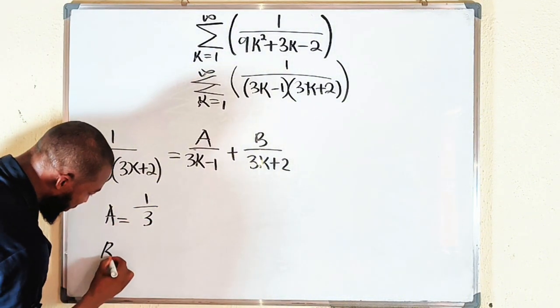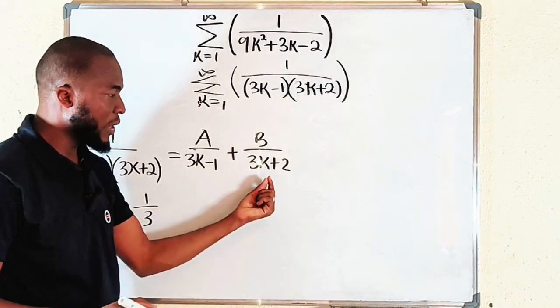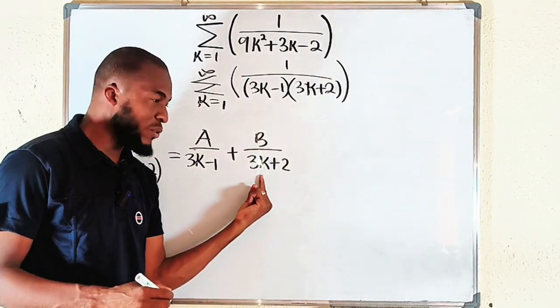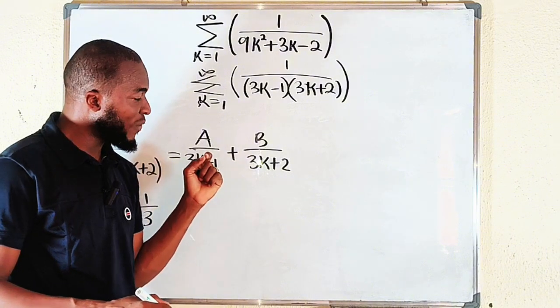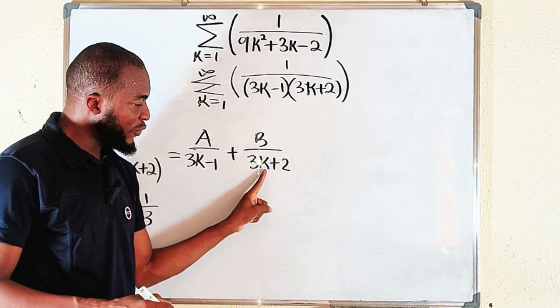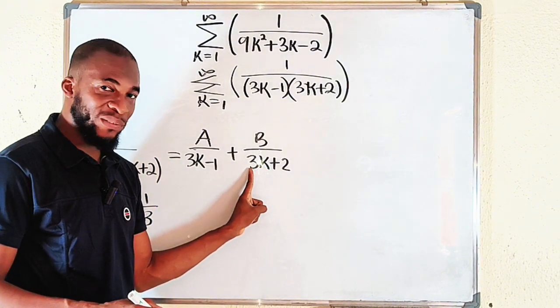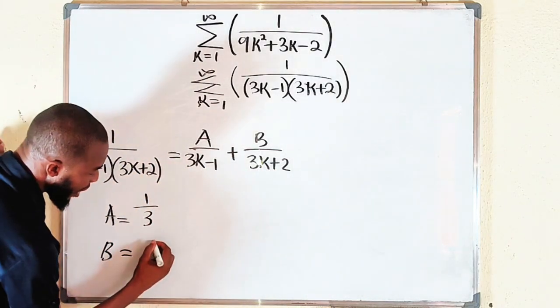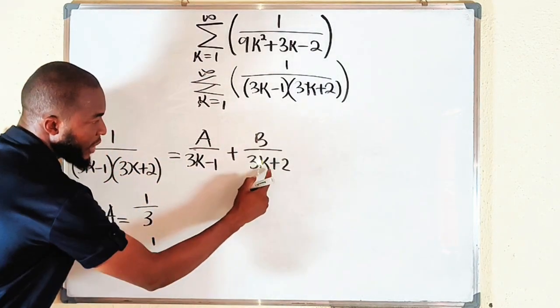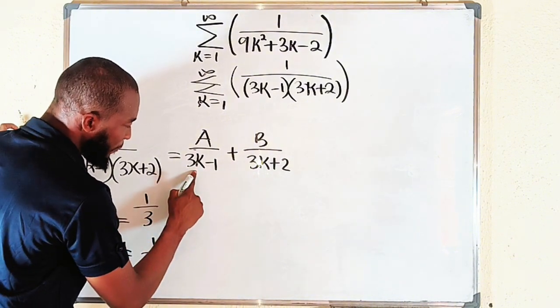Now the value of B, come down here. What value of k do you think can make the whole of this 0? Negative 2 over 3, because negative 2 over 3 times 3 will give us negative 2, and negative 2 plus 2 is 0. So the same thing, you have 1 on top, and for the bottom, that negative 2 over 3, plug it here.